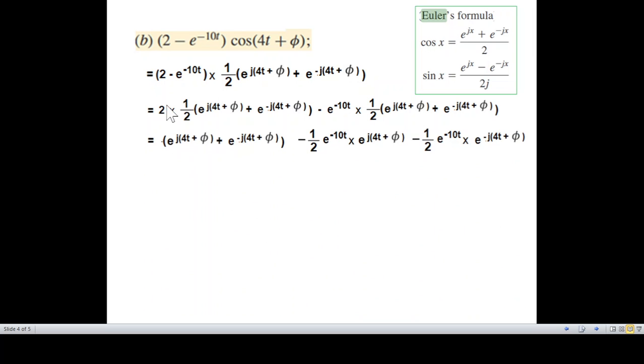Further simplifying, this will become 1, and this is half e raised to the power minus 10t, multiplied by these terms. We have just opened the bracket here, so the internal sign has changed to negative. Now these have nothing to multiply, so we'll keep them as they are.